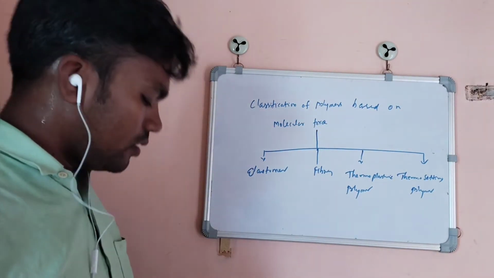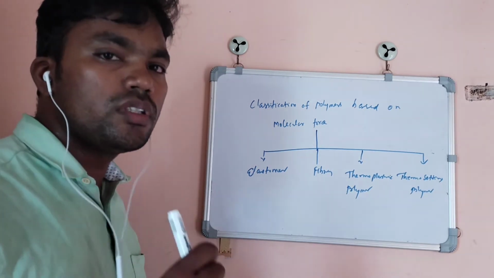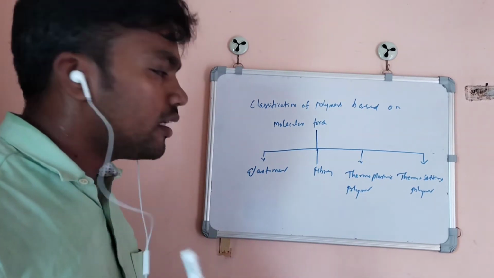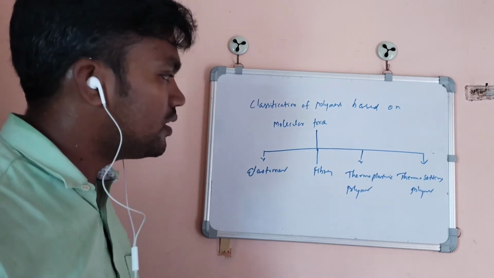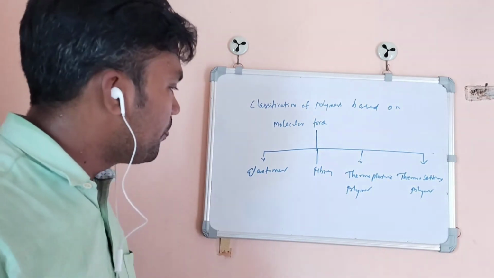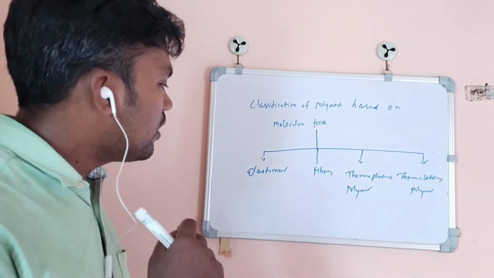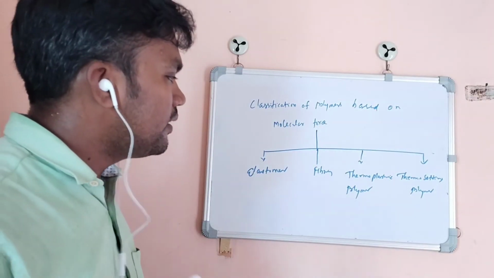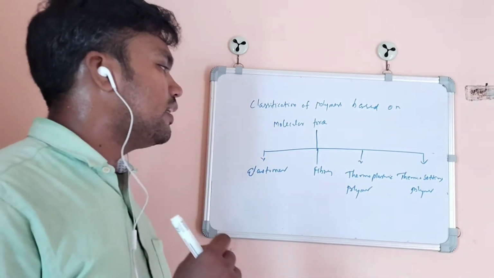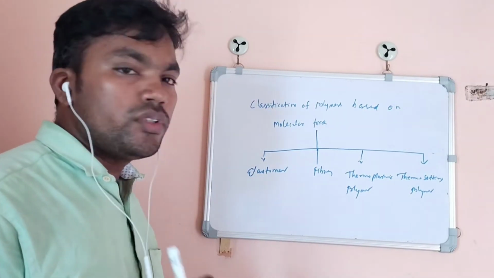Now we are going to see the examples for the elastomers, the examples for the fibers, the examples for thermoplastic polymers, and what thermosetting polymers are and their examples.